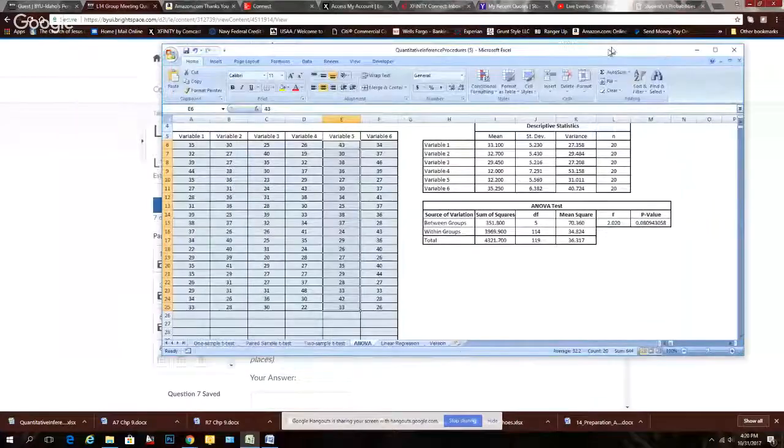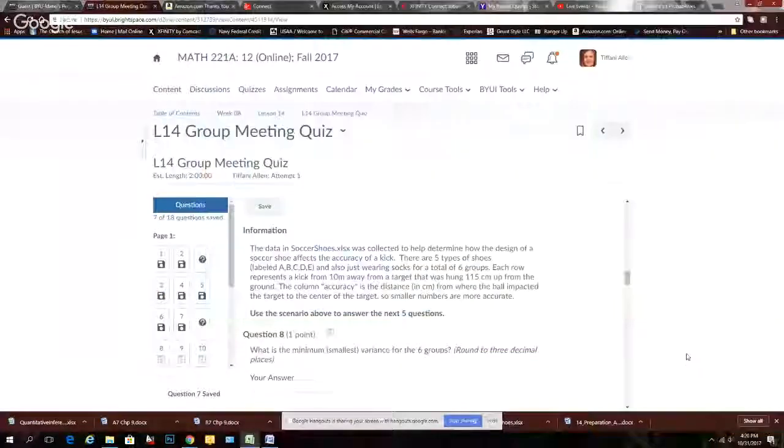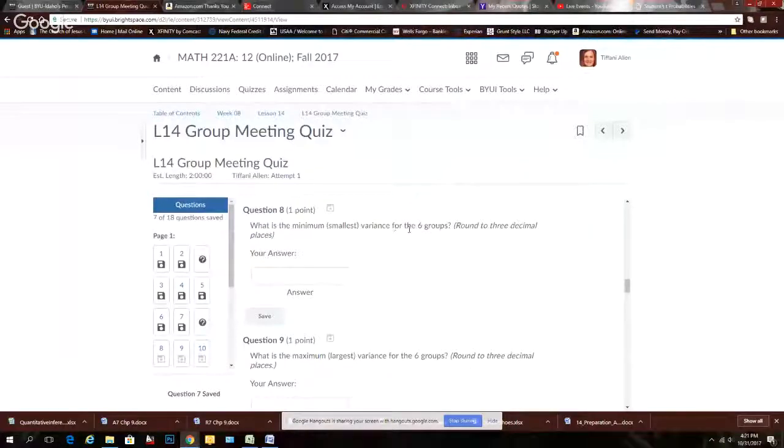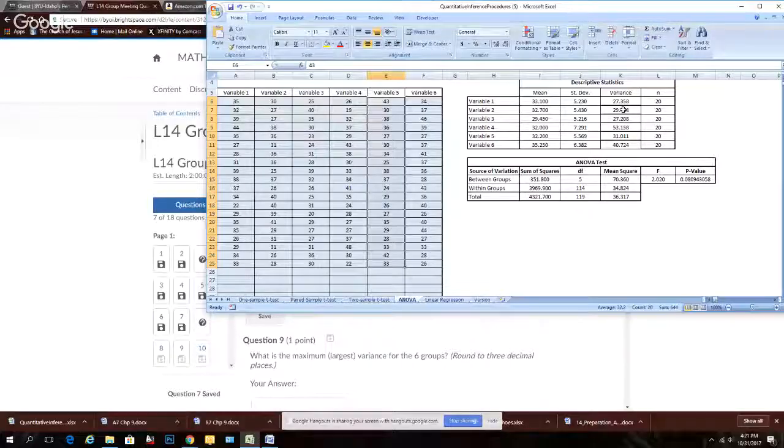So it's asking us for the next 5 questions: what is the minimum, the smallest variance for the 6 groups? I think we have 0 for... Do you see my variances over here?